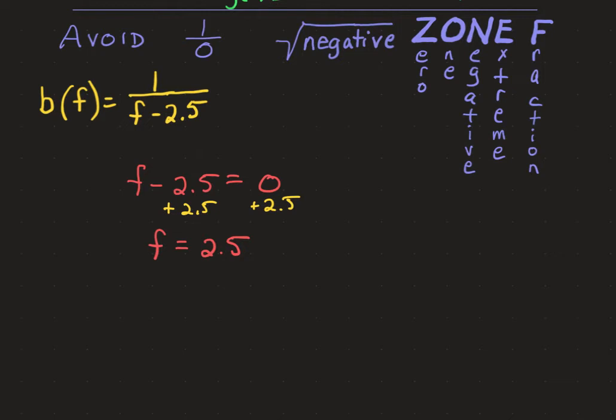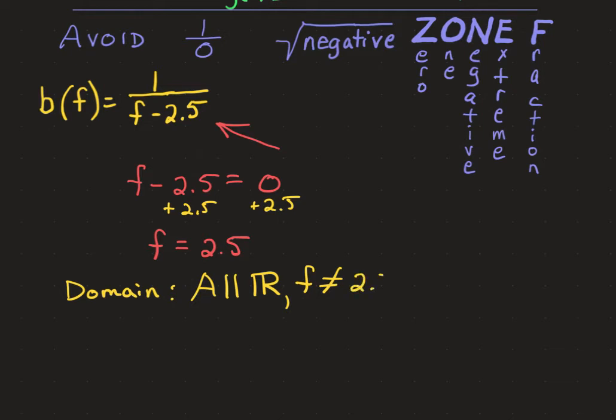If f equals 2.5, this blows up. I get division by 0. So in this case, the domain of our function is all real numbers except for this. F cannot equal 2.5.